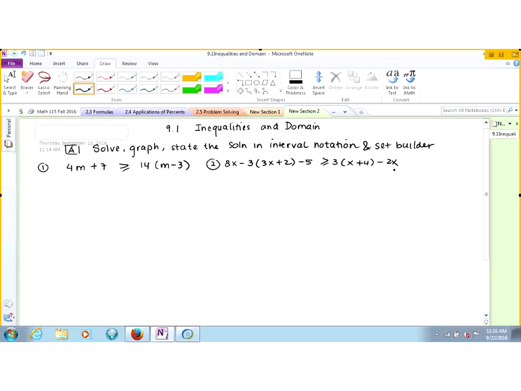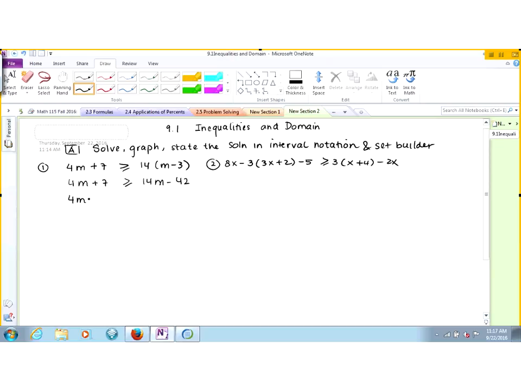So what would you do here? Distribute? You were right. By the way, when do we change the sign? That's right. Now, where do you want to have your m? On the left or on the right? On the left? Okay. So this is a shortcut.